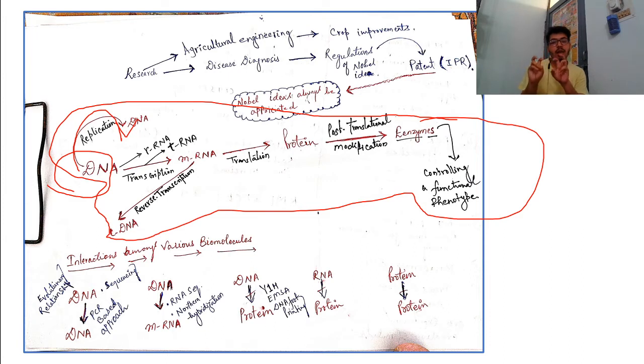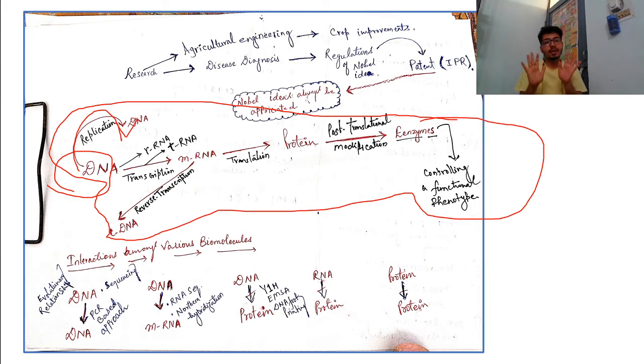Messenger RNA is translated with the help of the ribosome, which is called the protein factory. So in translation, the ribosome gives rise to protein. After that comes protein modification, called post-translational modification: phosphorylation, glycosylation, and various other processes very prominent for proteins. That will give rise to a proper enzyme, because most enzymes have a proteinous nature.